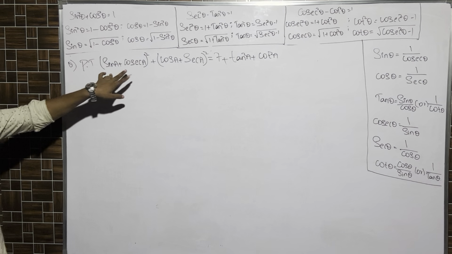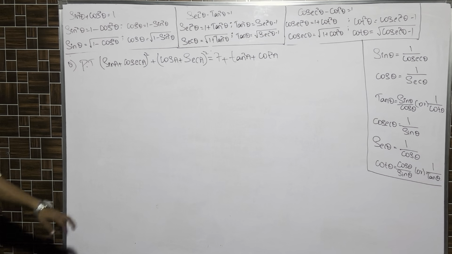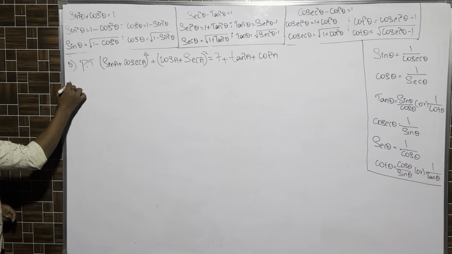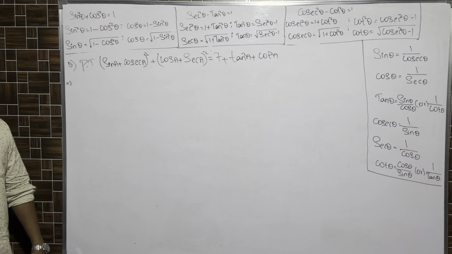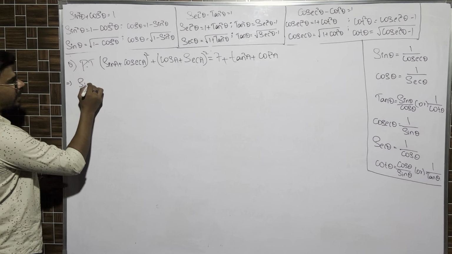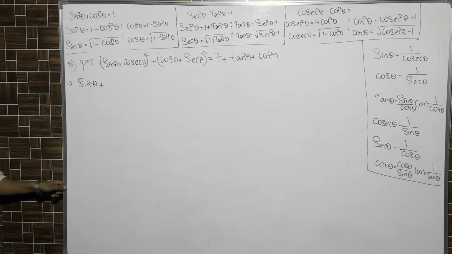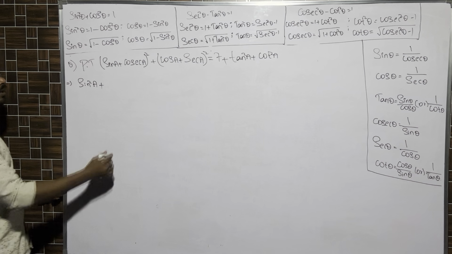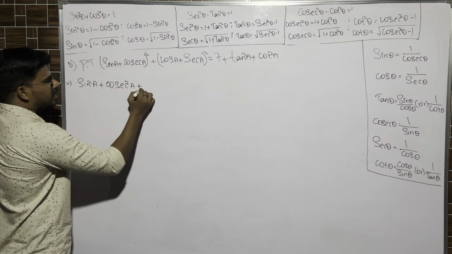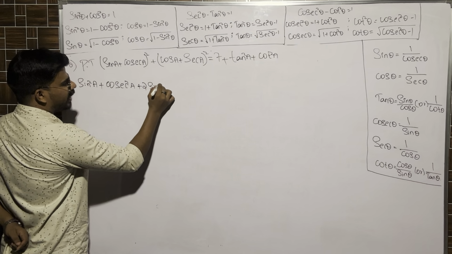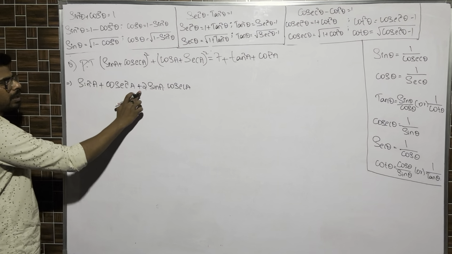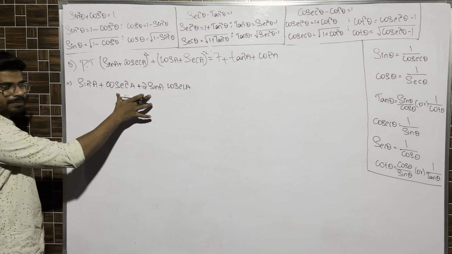So this is in the form of (A plus B) whole square. That is what we are going to do. (A plus B) whole square is nothing but A square plus B square plus 2AB. A square is sin square A, B square is cosecant square A, plus 2 sin A cosecant A. This expansion is completed.